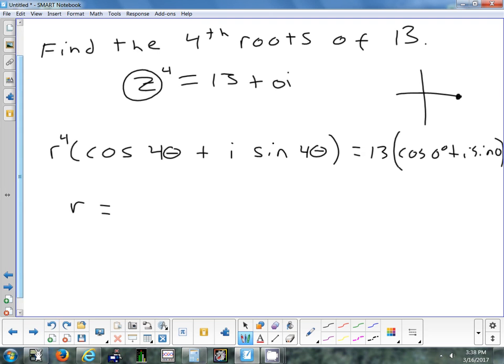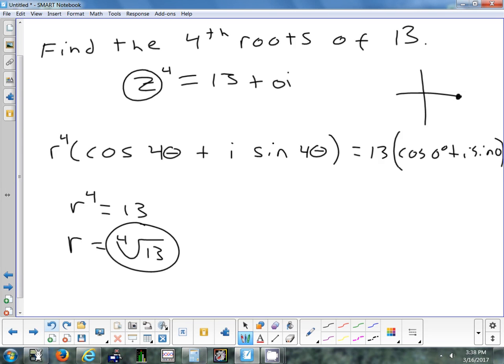And now how would you solve that? You have to do the fourth root of 13. That's one that I would just leave as the radius. It's just the fourth root of 13.